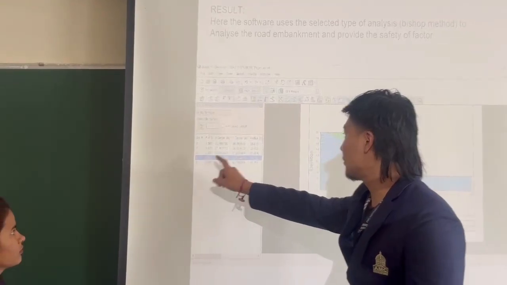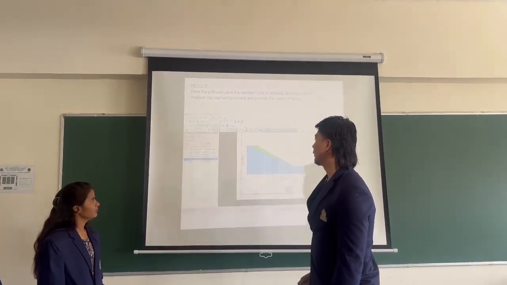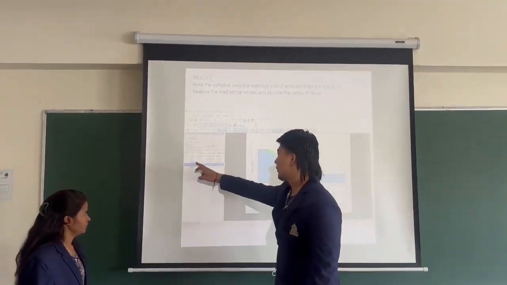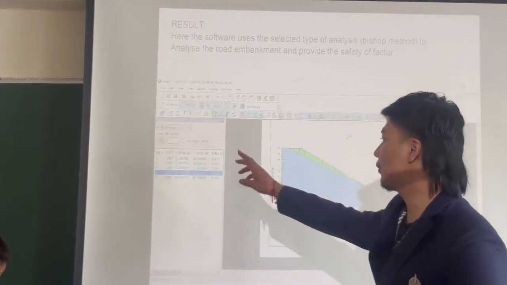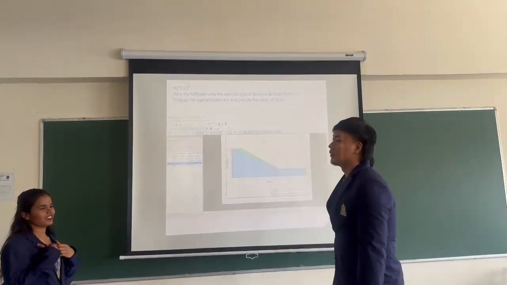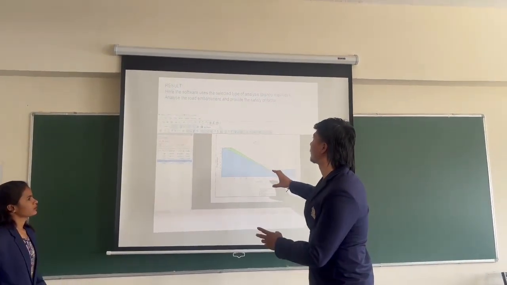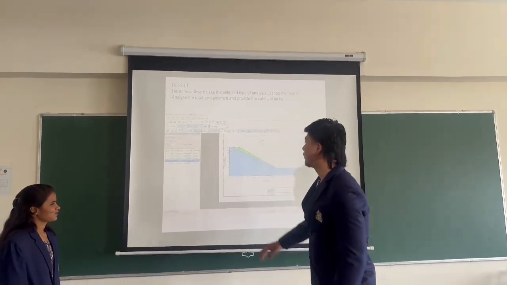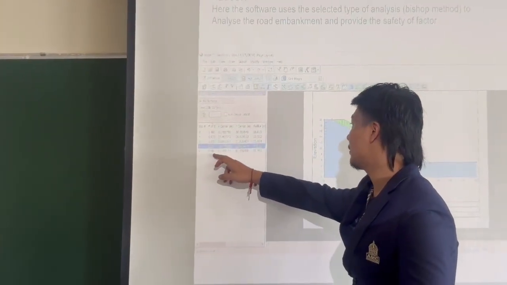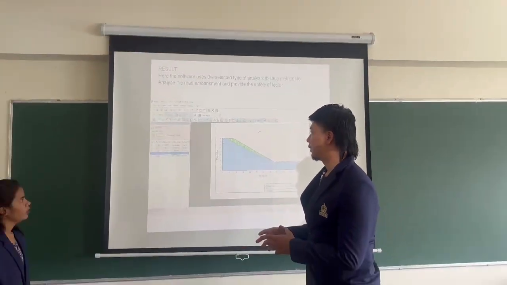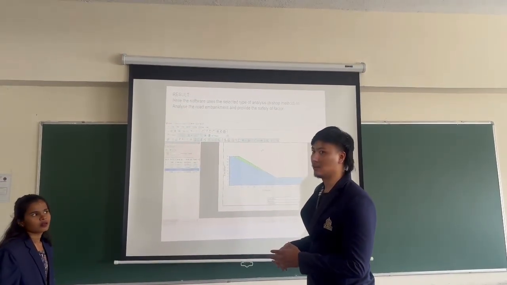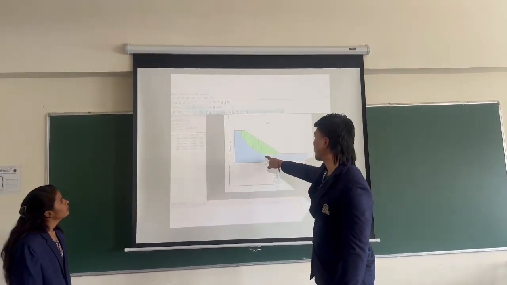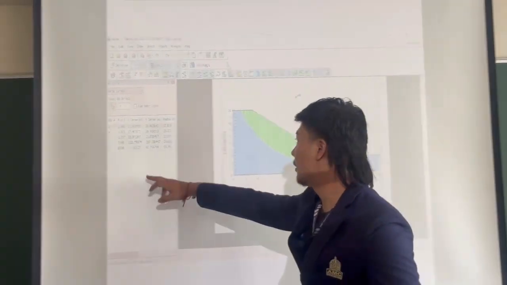These are the factor of safety and slip surface values, the different slip surfaces and their factors of safety. We have to select the critical slip surface. This is the most critical slip surface among the slip surfaces.